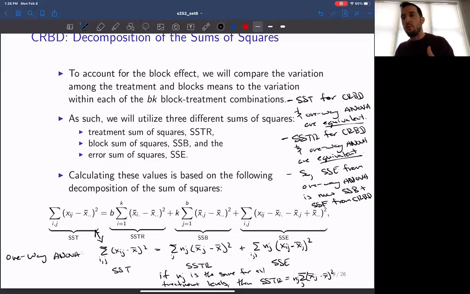The reason you would want to do this is because if you don't account for the block, you're going to have an error term that's inflated. It's going to be too big. So when you divide the MSTR by the MSE to get your F statistic, the F statistic is going to be smaller than what it should be because you haven't pulled this information out of the error.